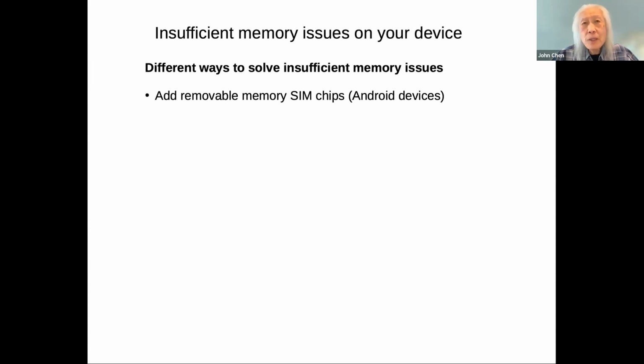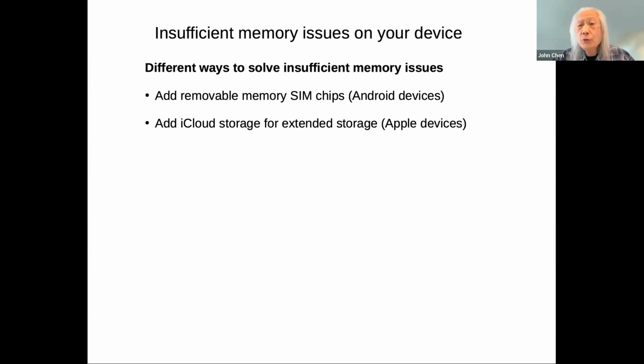with. But Apple gives you a feature which helps you extend the amount of space you have, which is iCloud. Think of iCloud as just an extension of the memory you have on your phone.